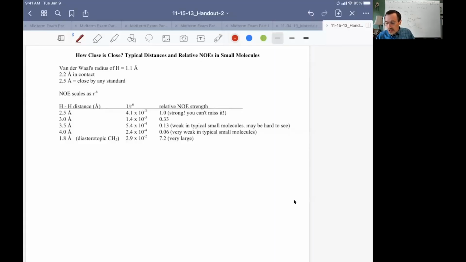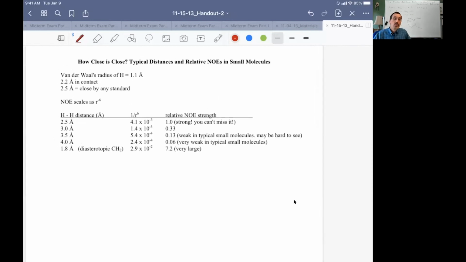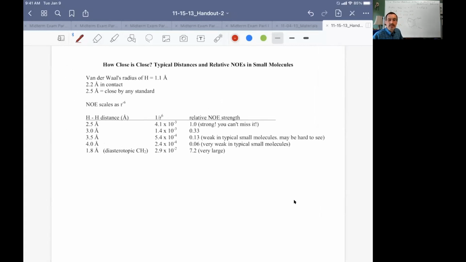So one of the things I did with the handouts is I just made a little table where I calculated 1 over r to the 6th for 2.5 angstroms, 3 angstroms, 3.5, and 4 angstroms. A hydrogen has a van der Waals radius of 1.1 angstrom, which means 2 hydrogens, if they're touching, are 2.2 angstroms apart.